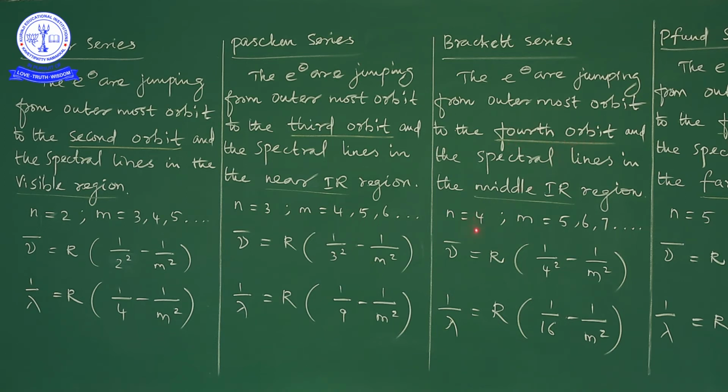Here the value of n is replaced by 4 and m is replaced by 5, 6, 7 like that. Substituting the known values in that equation, nu bar is equal to R into 1 by 4 square minus 1 by m square. And nu bar is replaced by 1 by lambda, which is equal to R into 1 by 16 minus 1 by m square.